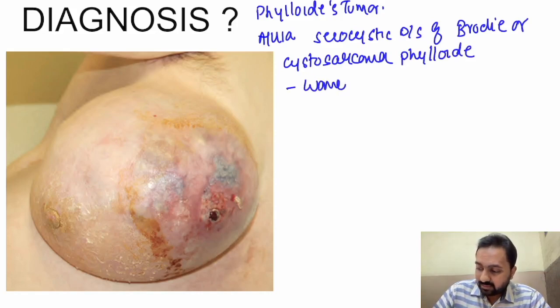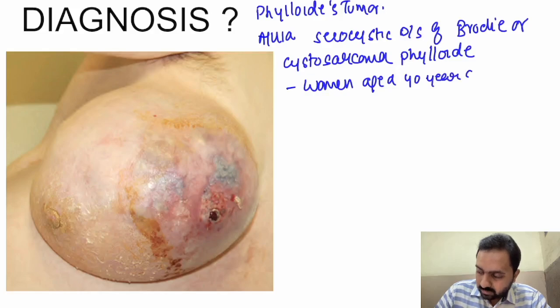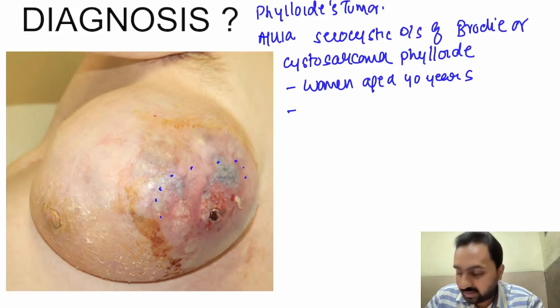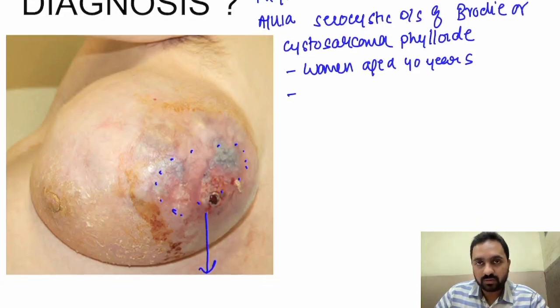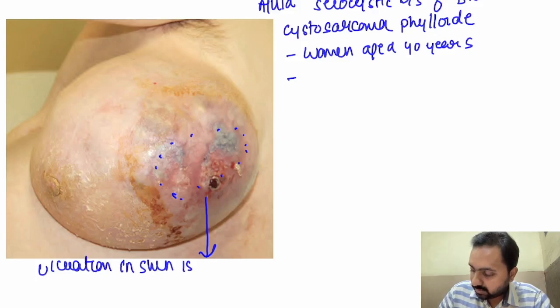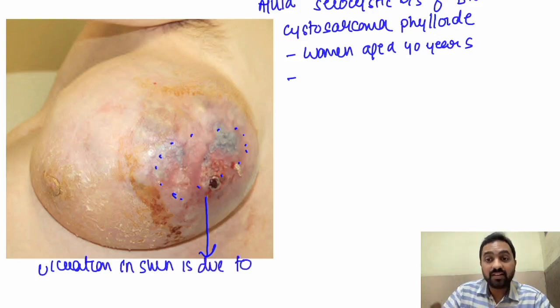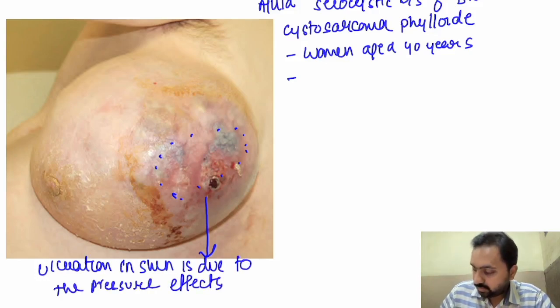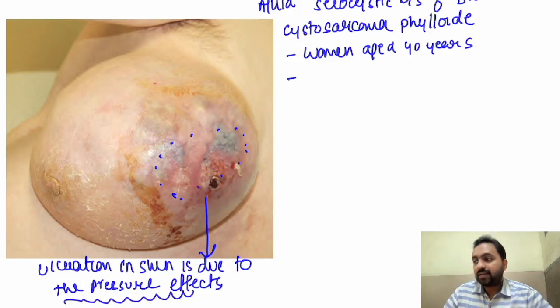So in which age group is it common? It is usually seen in women aged 40 years, right? So now you can see over here the ulceration noted in the skin, right? So an important point to be remembered over here is that ulceration in skin is due to the pressure effect.